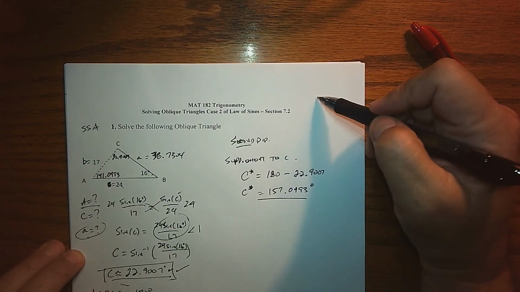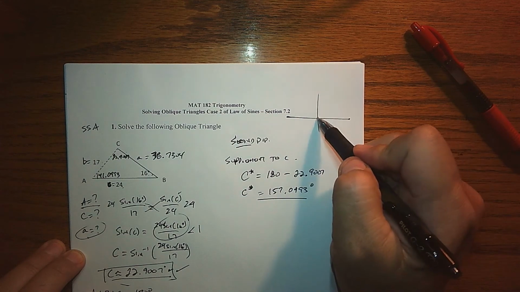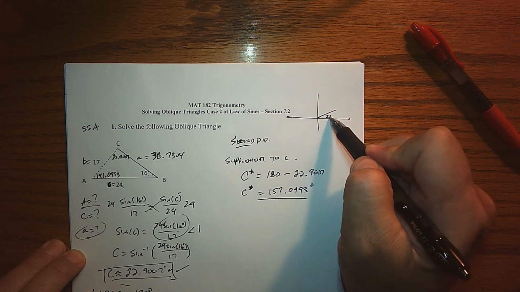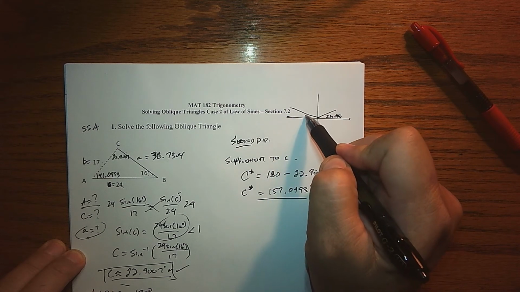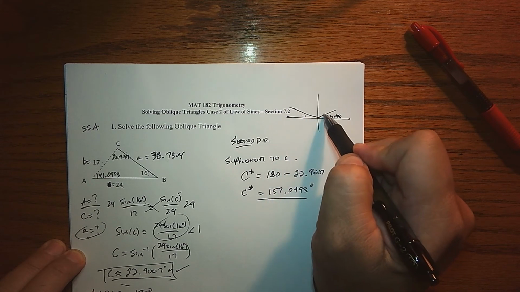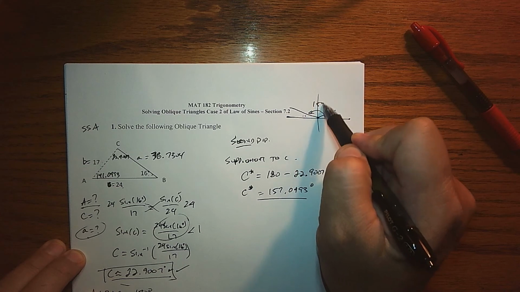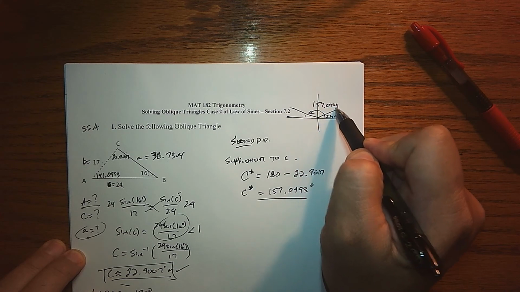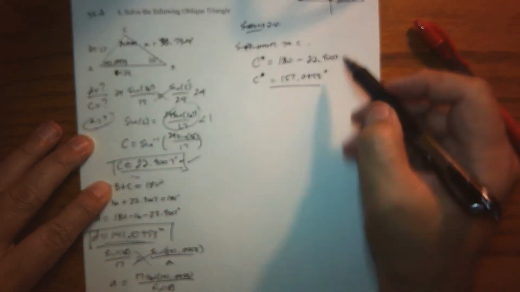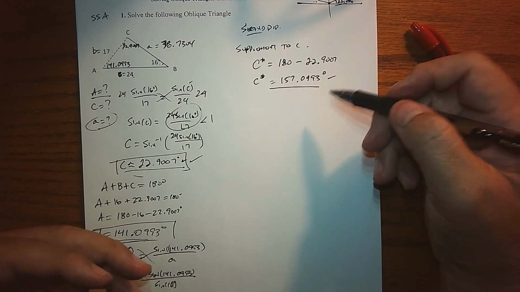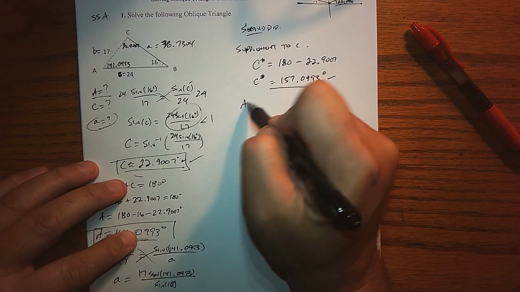Again, the idea is we're using the fact we know what's happening on this side. That's 22.9007. And if we look at the reference angle on this side, the other angle that's a possible answer is 157.0993. The sine is the same for each one of these. So does that angle create a new triangle? So what's our A star?